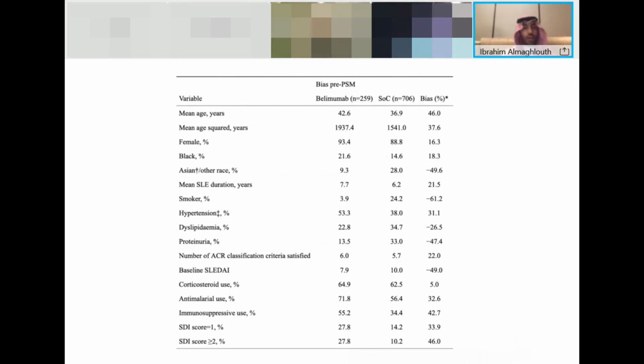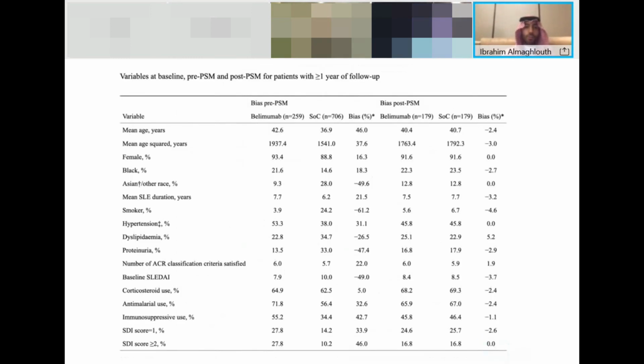They are different, including immune suppressive agent, the use of steroid, or the baseline disease activity, etc. After they used propensity score, you can see that the difference is less than 10%, and even less than 5%, which is excellent balancing that we can see with the use of propensity score. In another way, all groups are similar except for the use of belimumab, as if they created a pseudo randomization or a pseudo clinical trial.